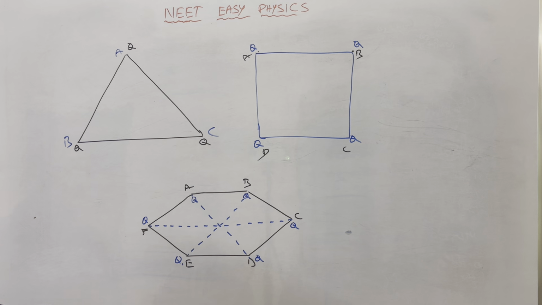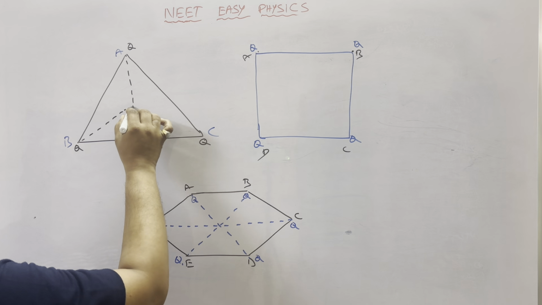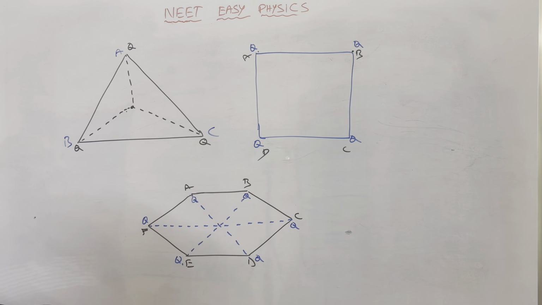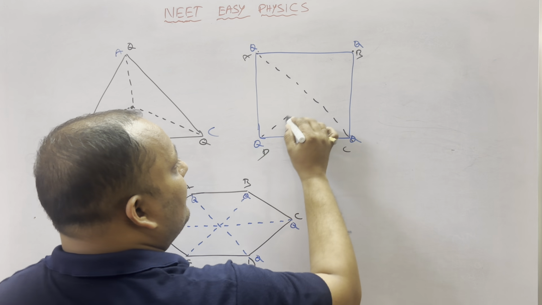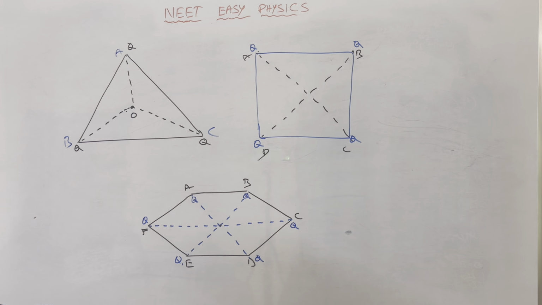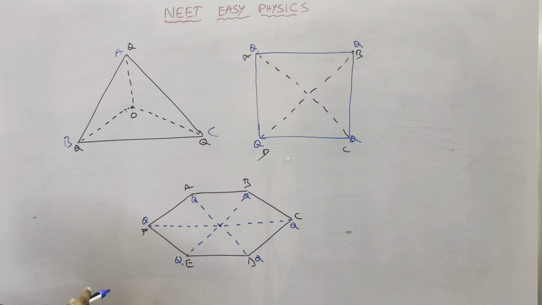Next, force at the center of the charges. Force at the center of all these charges, that is nothing but the centroid in this, the center of the square in this, and this is the center of the hexagon. Anything they are going to ask, for all of these we should know the distance from corner to center.